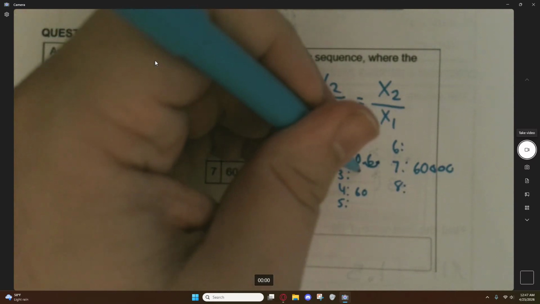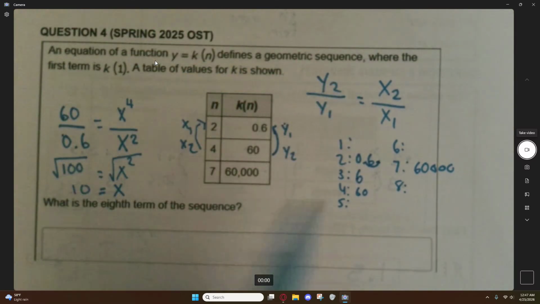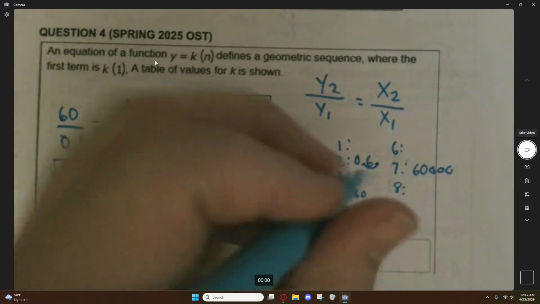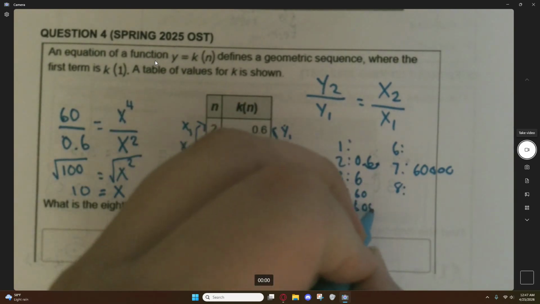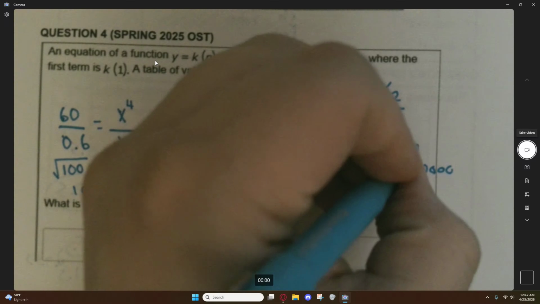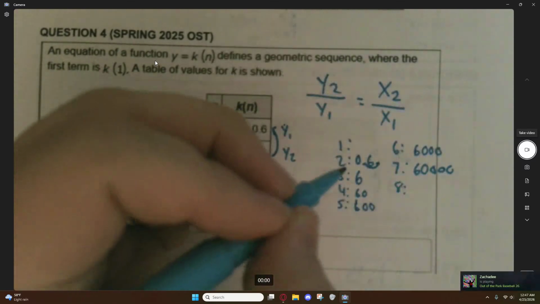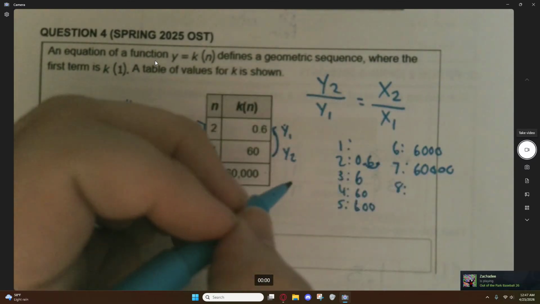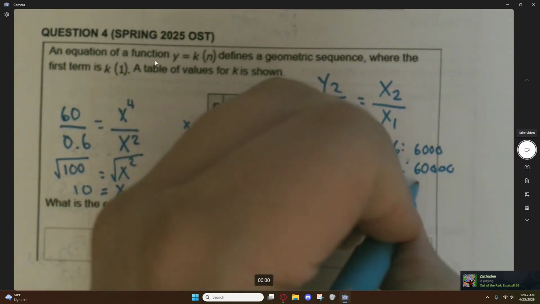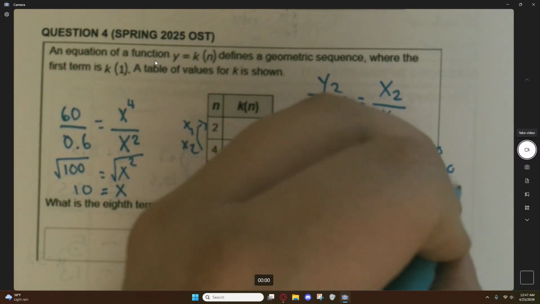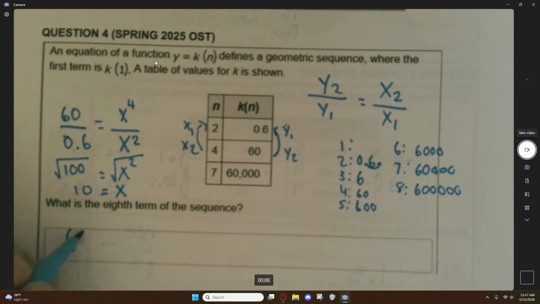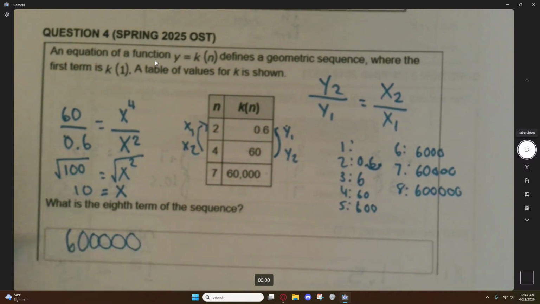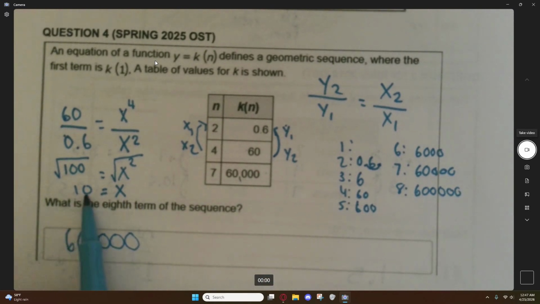This 0.6, the next term would be 6. Then you add a 0 to make 60. Then you add another 0 to make 600. Then another 0 to make 6,000. Then another 0 to make 60,000. So naturally, the 8th term would be adding another 0 to make it 600,000. So your answer would be 600,000. Or you could just take the 60,000 and multiply by 10, since we found that.